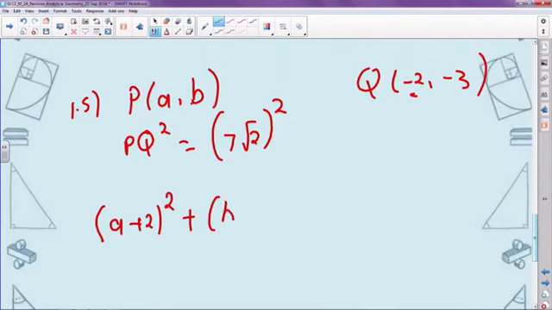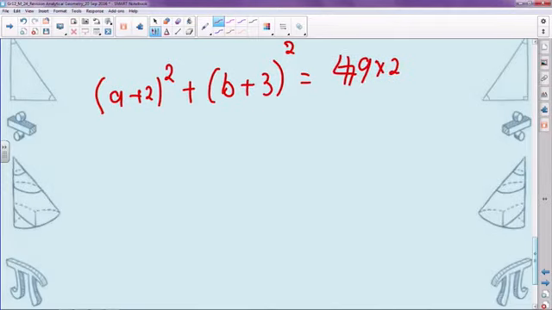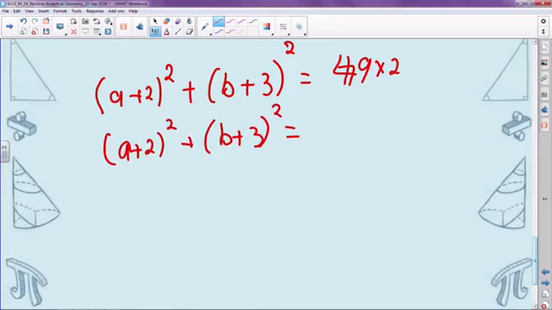And then B minus minus 3 squared is equal to 7 squared, which is 49, times 2, by squaring the right-hand side. So I get A plus 2 squared plus B plus 3 squared is equal to 49 times 2, which is 98.